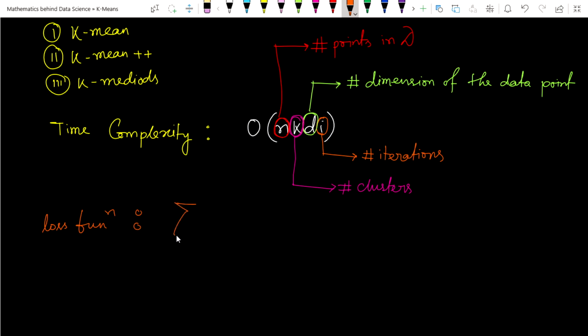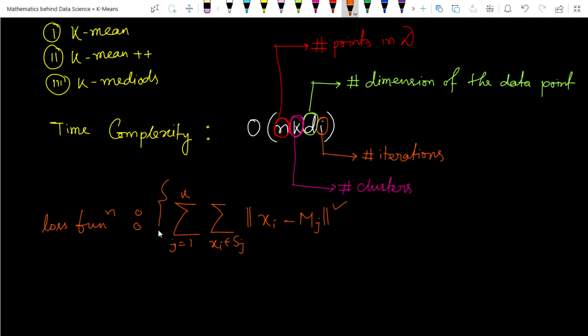It is the sum over j equals 1 to the number of clusters, of the sum over xi that belongs to cluster j, of the squared distance between xi and the medoid of cluster j.